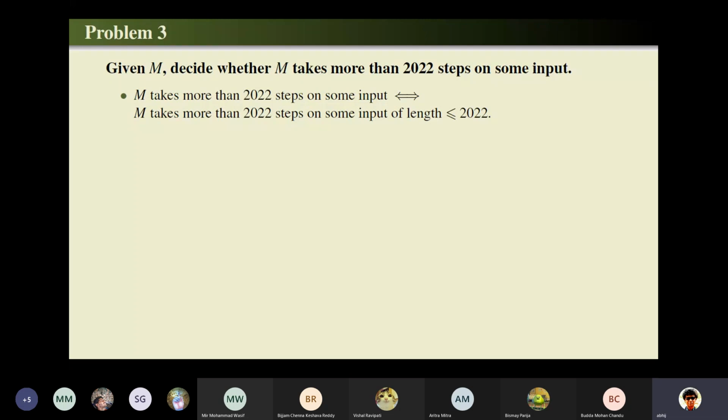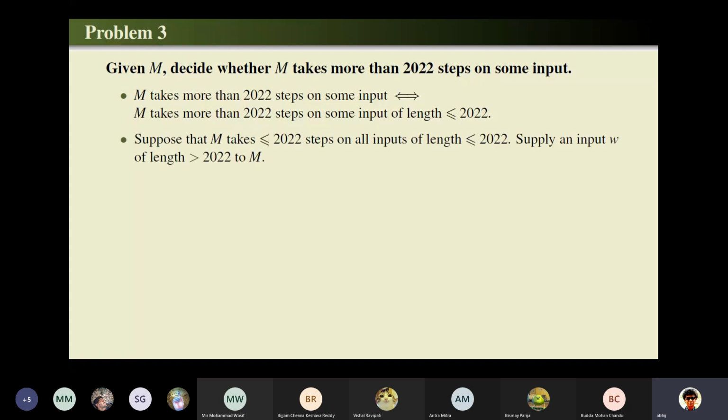But by the negation of the right side, the machine has halted by that time. So it never gets a chance to go beyond that 2022nd input symbol and take a decision later. So that's the idea.